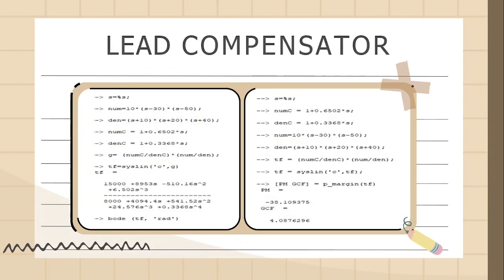Next, we just need to key in all the new values into the Scilab coding, and we can just generate it, and we will get the new phase margin of 38.1094, with the gain crossover frequency of 4.0876.